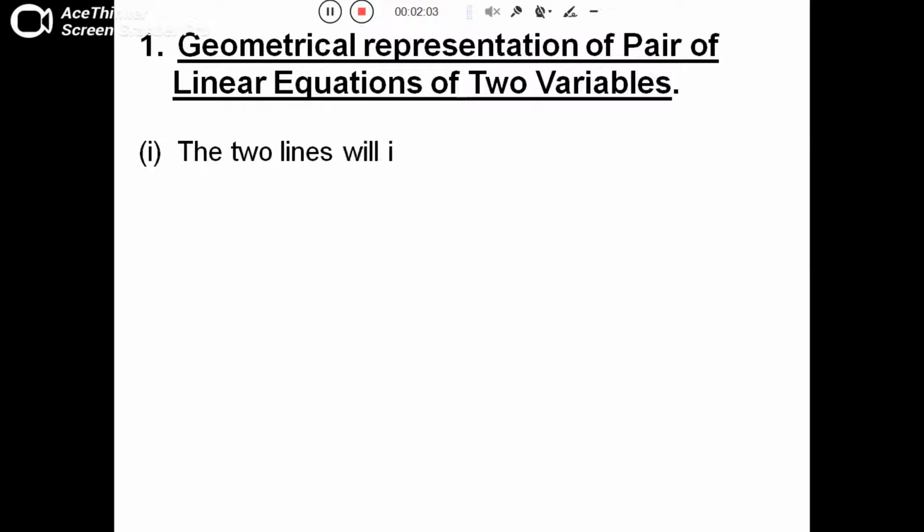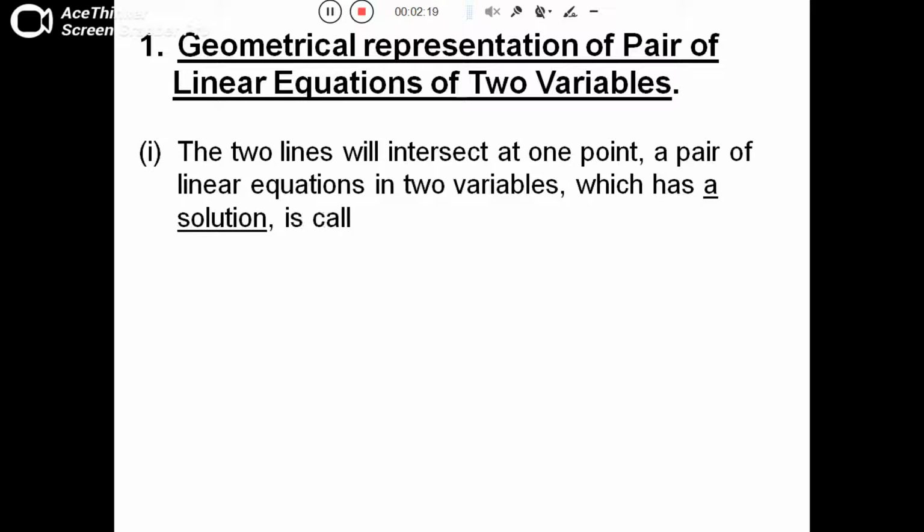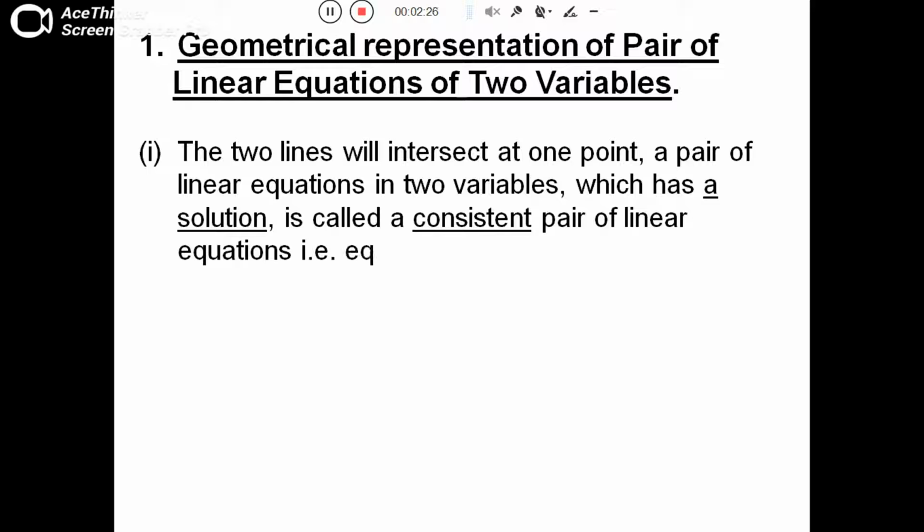So the first condition was two lines will intersect at one point. It means a pair of linear equations in two variables which has a solution is called a consistent pair of linear equations. It means the equations have a unique solution.